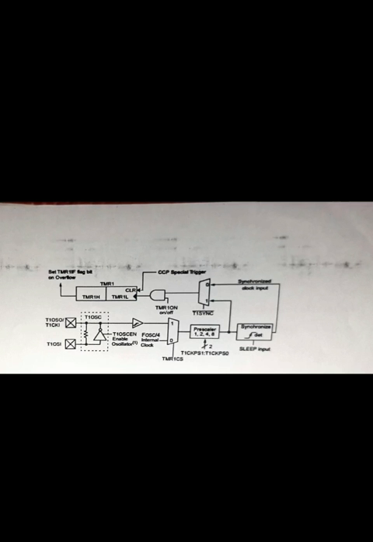Then next, TMR1H. This register holds the higher 8 bits of the timer's value. TMR1H and TMR1L are used as a pair to increment from 0000H to FFFFH. TMR1L.